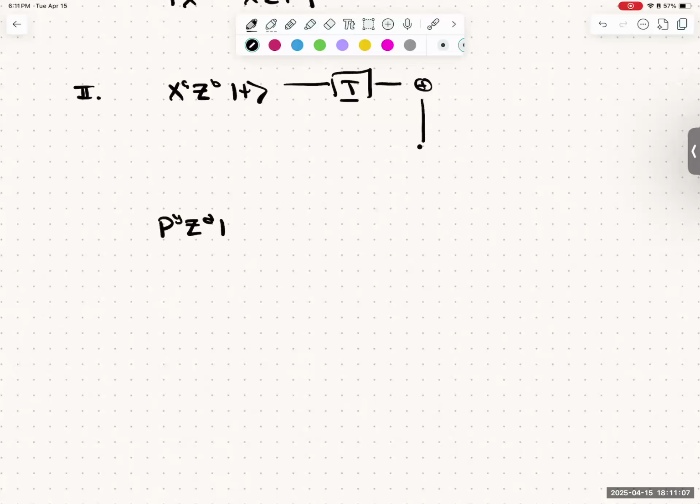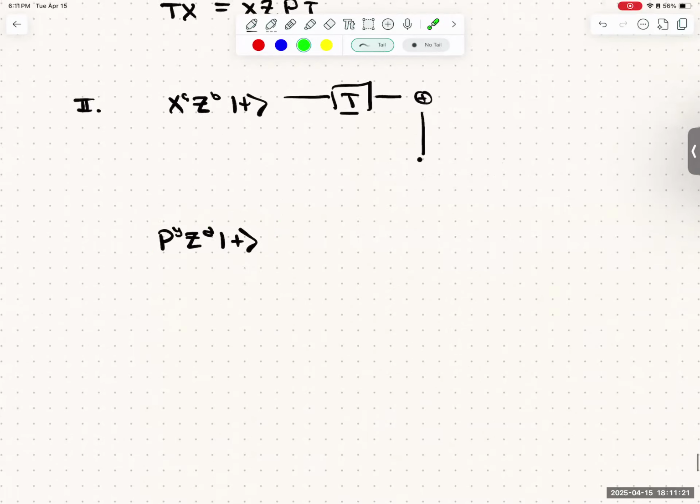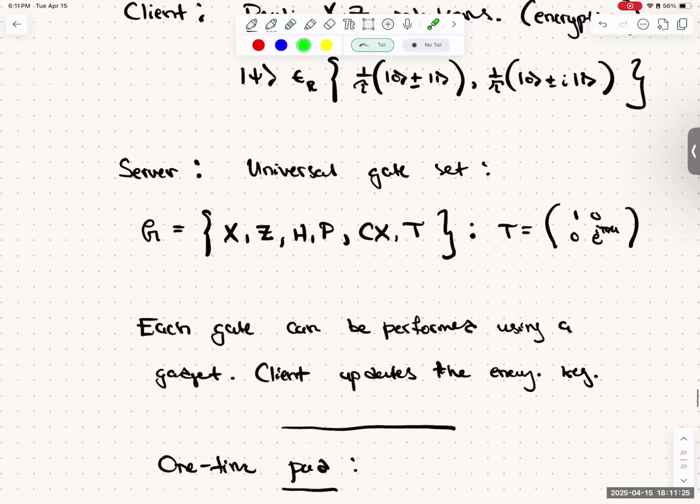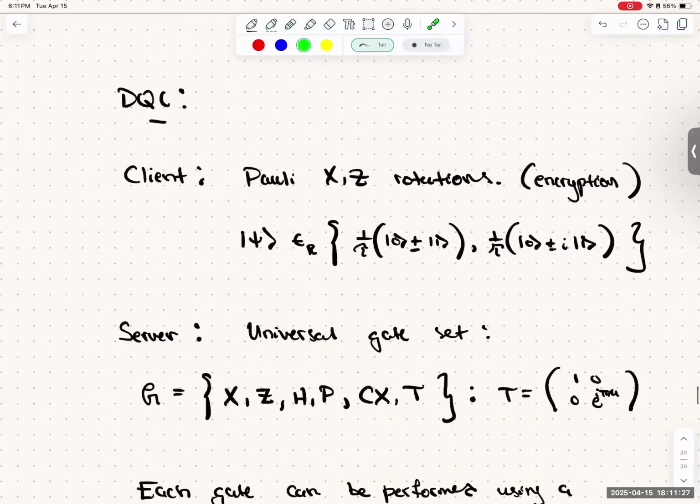Okay, this is going to seem a little bit confusing, but bear with me for a moment. I know I just said that the client doesn't have a phase gate, but they do have the ability to randomly prepare these states, which I mentioned much earlier, the plus or minus, or the plus i or minus i. I did say that the client has the ability to prepare these.